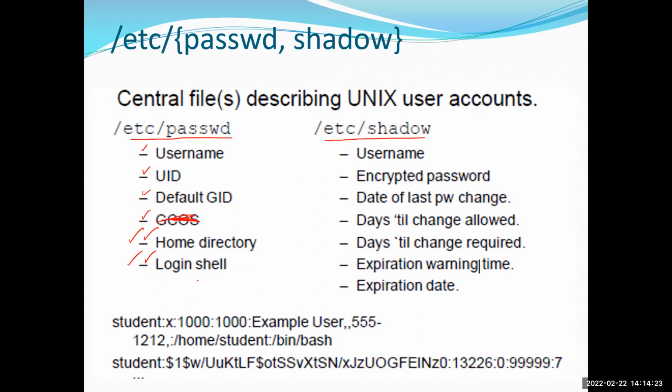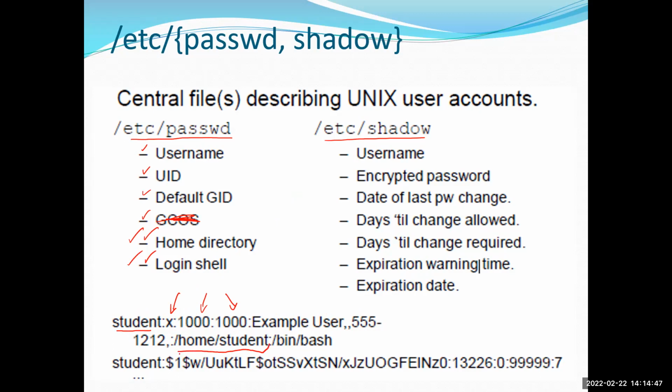You can see an example of that here, where we have user student. The x here just indicates that this user has an encrypted password in the shadow file. Then the user and group IDs, and then some information, the GECOS, like administrative things. Then this is your home folder.